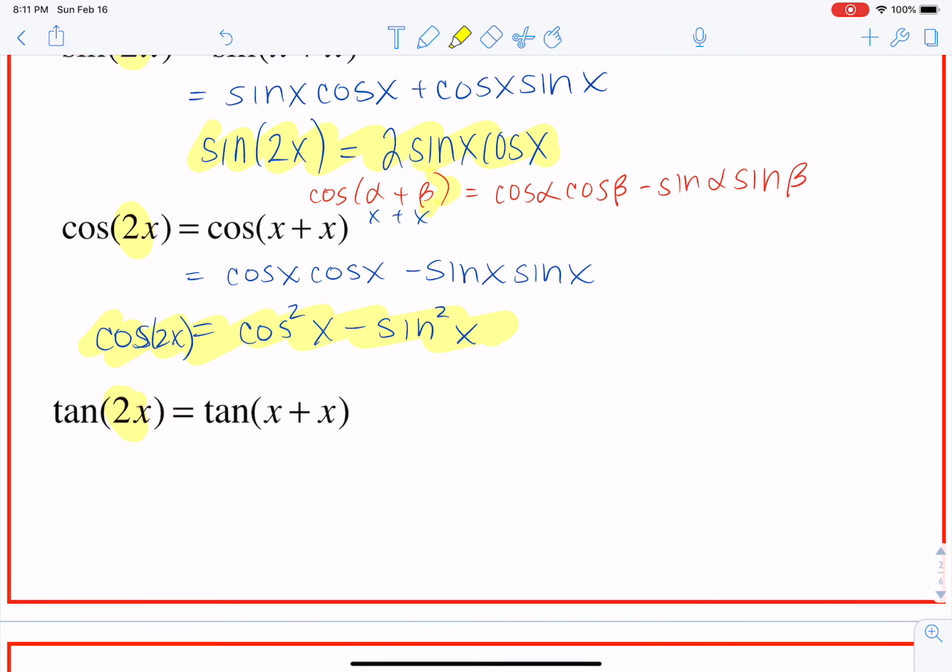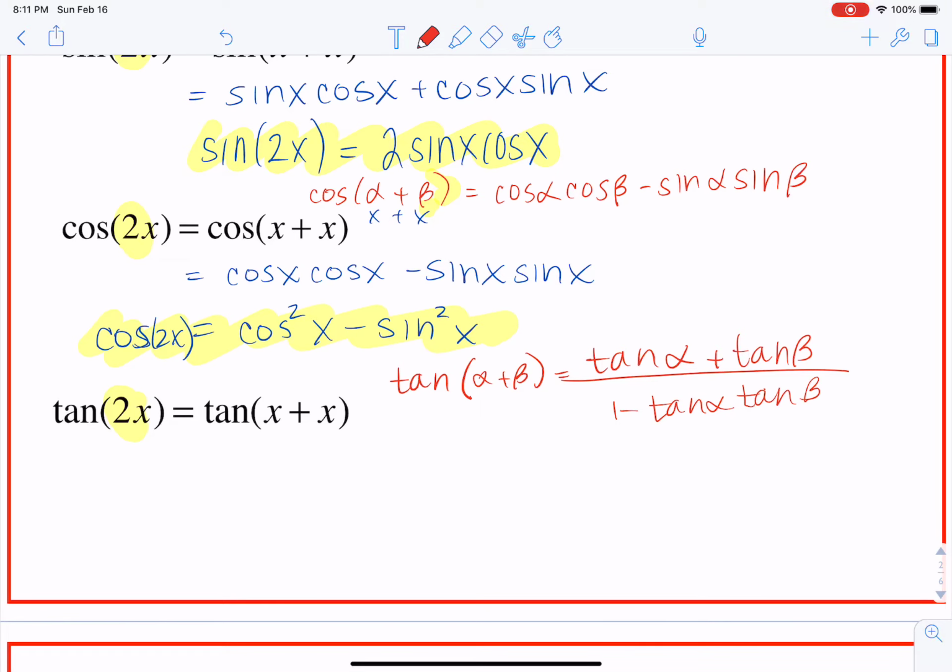And then lastly, my tan of 2x is tan of x plus x, and I know that tan of alpha plus beta is equal to tan of alpha plus tan of beta all over 1 minus tan of alpha times tan of beta.